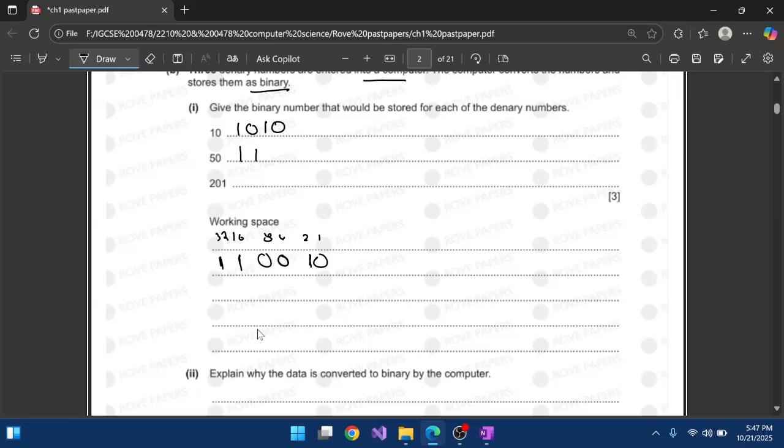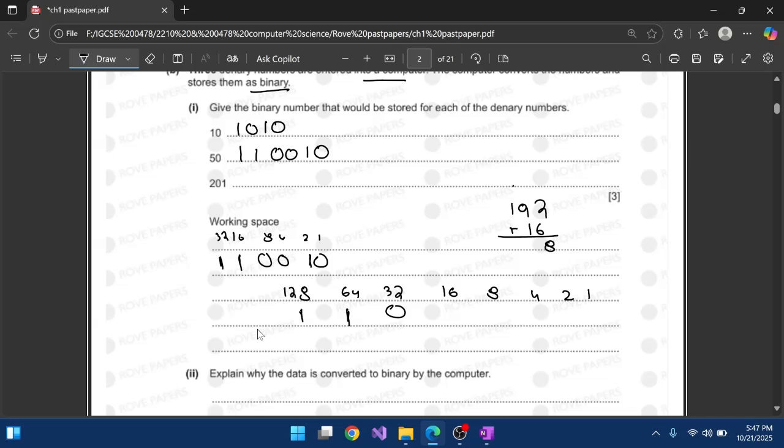Then for 201 we have to do a little working: 1, 2, 4, 8, 16, 32, 64 and then 128. So 128 and 64 is equal to 192, and then 192 plus 16 is equal to 208.